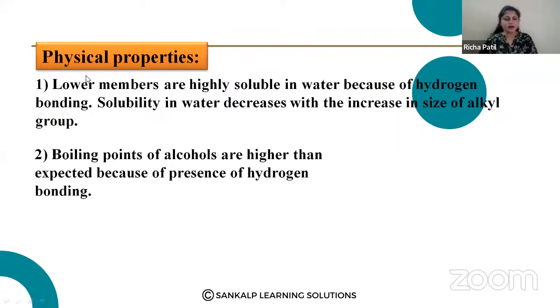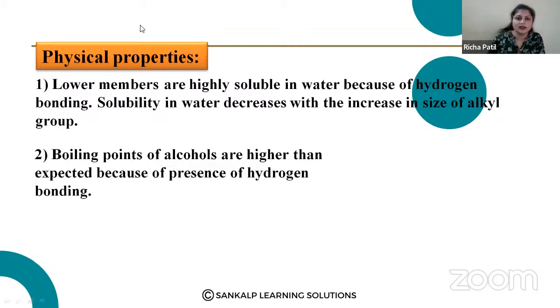Now if you look at the physical properties, the lower members of alcohols are highly soluble in water because of hydrogen bonding. Solubility in water decreases with the increase in size of the alkyl group. Why are they highly soluble? Because of the presence of hydrogen bonding, right?